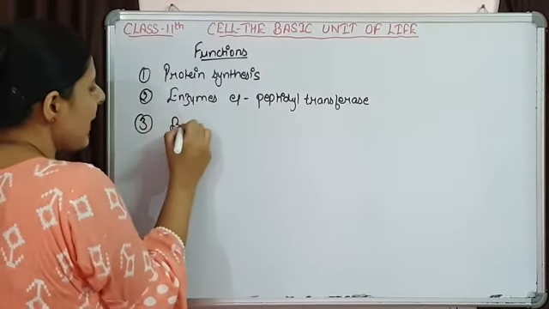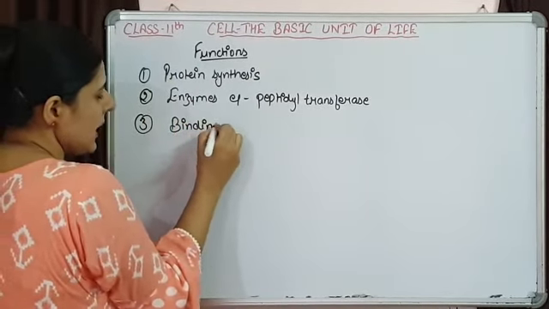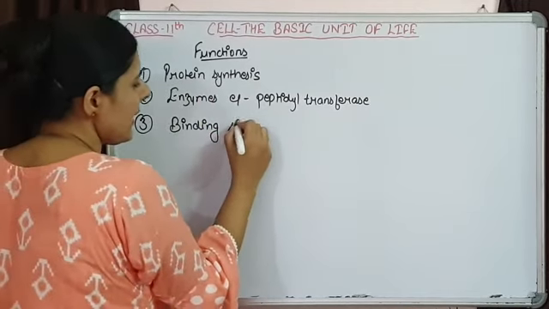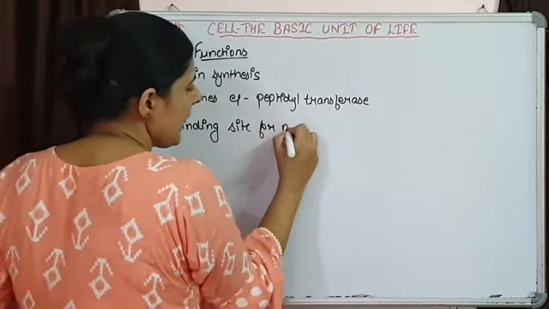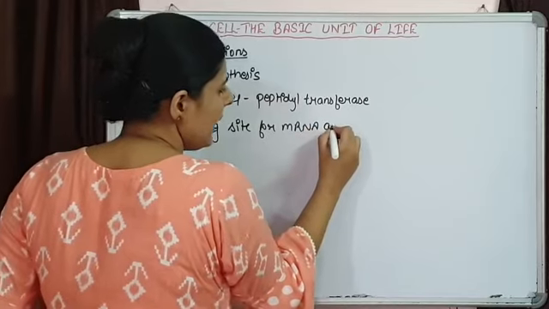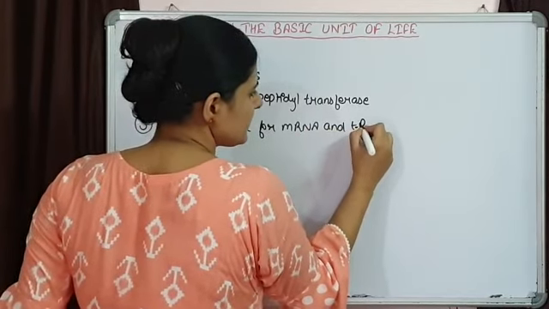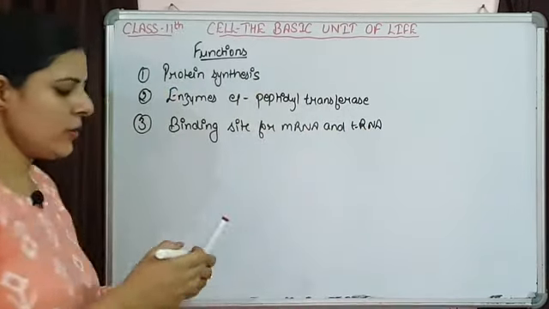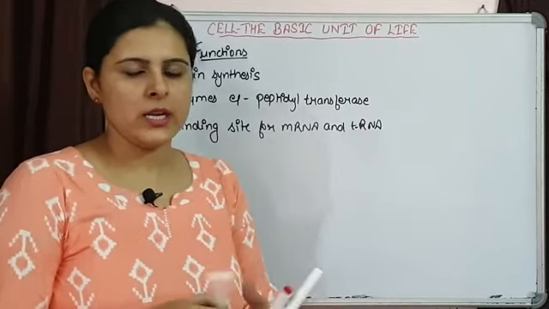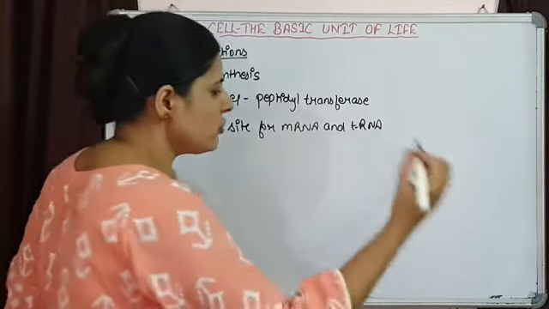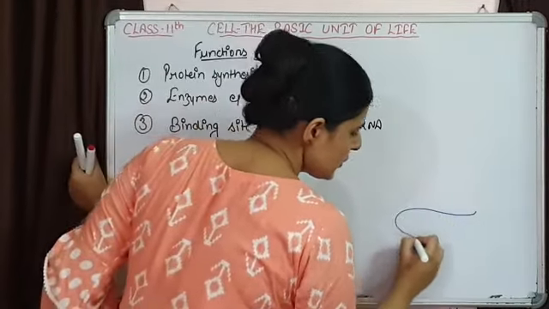These are having binding sites. The ribosomal subunits are having binding sites for mRNA and tRNA. If we talk about the binding site, अगर हम binding site की बात करते हैं तो let me show you the binding sites that are present over here.